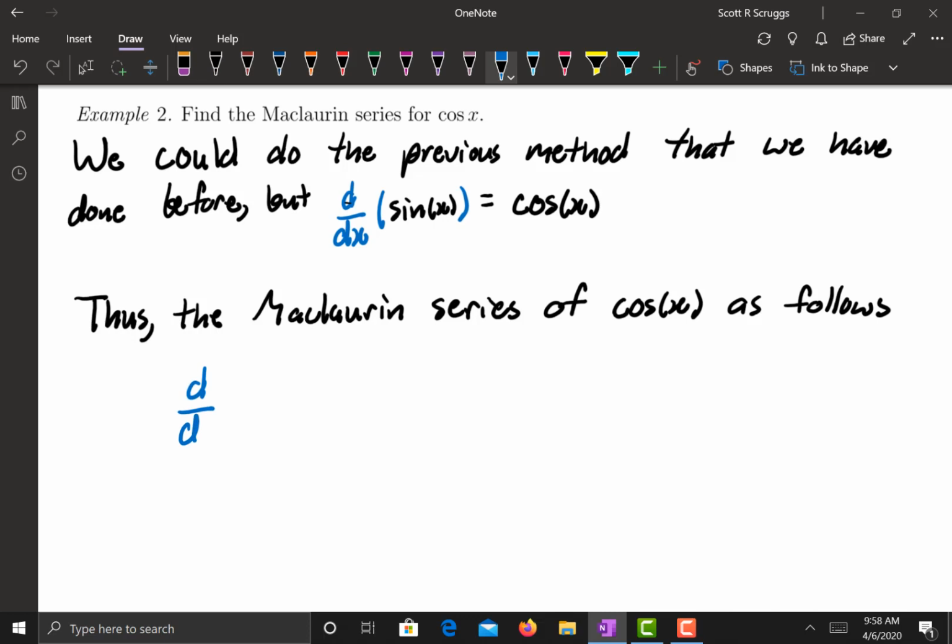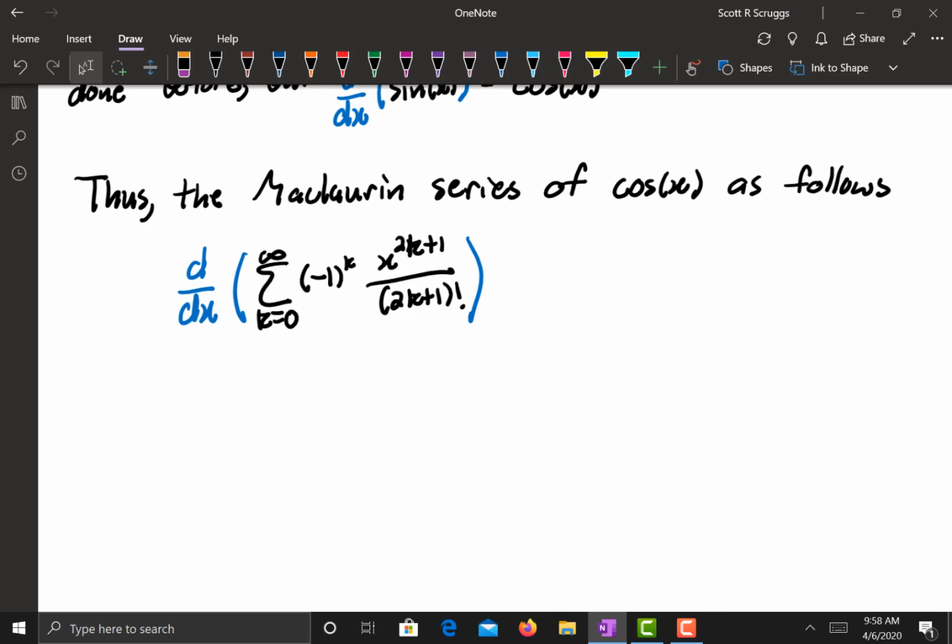So instead of doing the long, tedious work I did previously to find the Maclaurin series for cosine, I'm going to take my Maclaurin series for sine that I found previously, and then use my property of power series that says the derivative of a power series is the exact same as moving the derivative inside the power series and taking the derivative term by term.